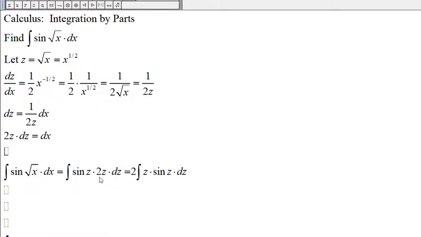And 2 is a constant multiplication constant. We can move it and place it in front of the integral, so we get 2 times the integral of z times sine of z dz. And for this part right here, we can use integration by parts.